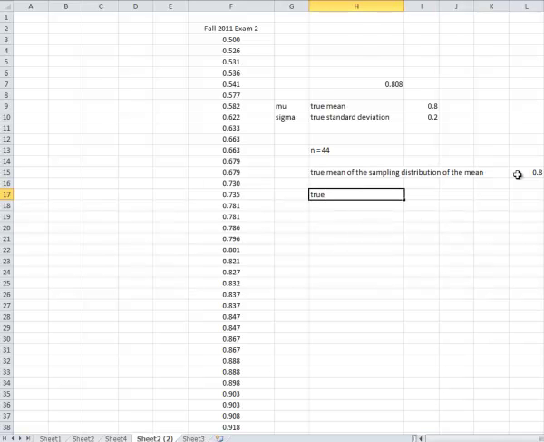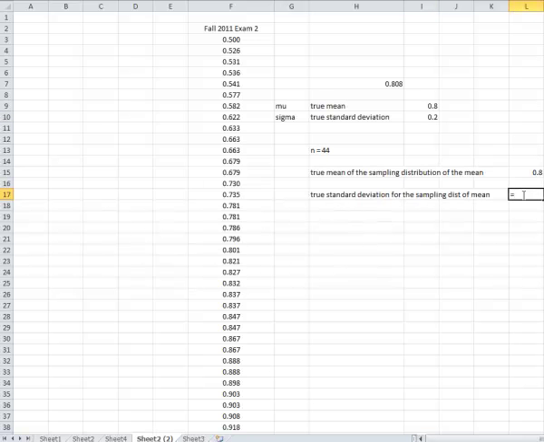True standard deviation for the sampling distribution of mean. Well, it's not going to be this number right here.